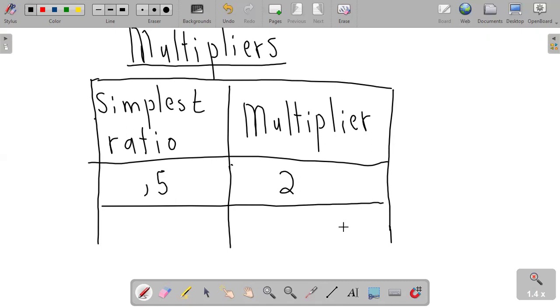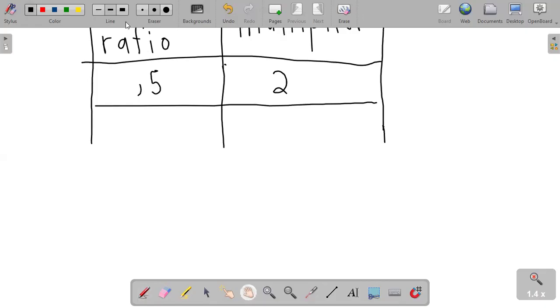And then if the simplest ratio becomes 0.33 or 1.66, then your multiplier is 3.